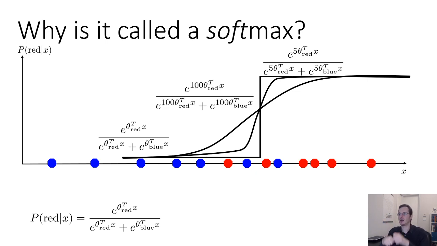And if we multiply by 100, then the resulting softmax will actually look almost like a step function. Essentially, because the exponential function increases so rapidly as its input increases, for any place where the dot product with blue is larger than the dot product with red, the exponential will force that to go almost to 0. And any place where the dot product with red is larger, it'll force it to go almost to 1. There will be a very sharp change in the middle.